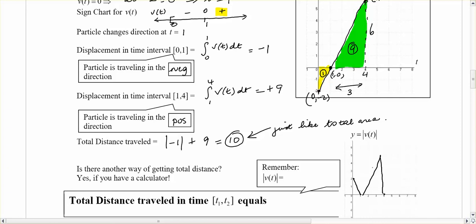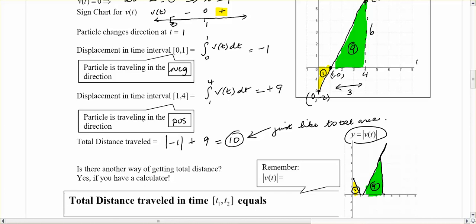So this is the function y is the absolute value of v of t, and I've just drawn in the vertical lines to look at the areas. You can see that this area is going to be 1, this area is going to be 9.